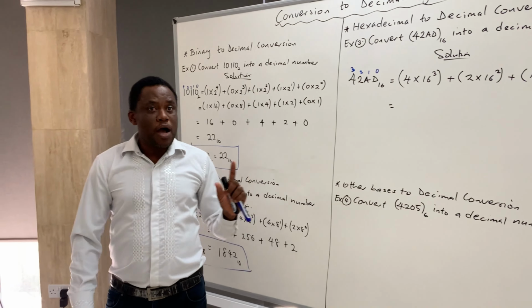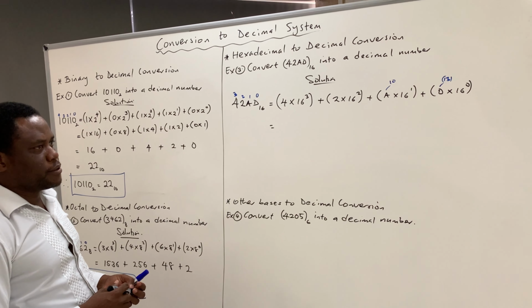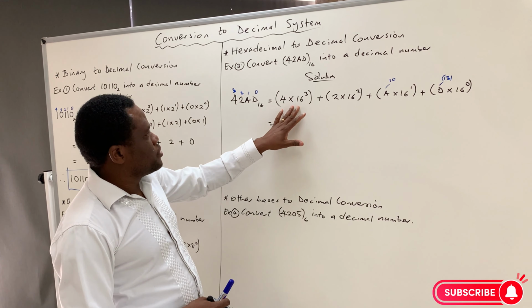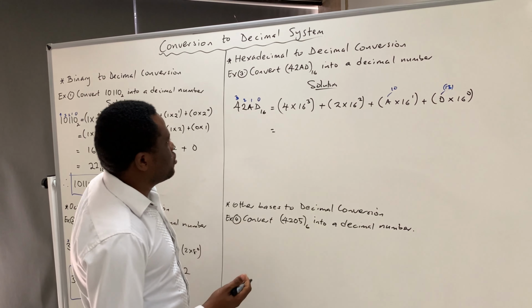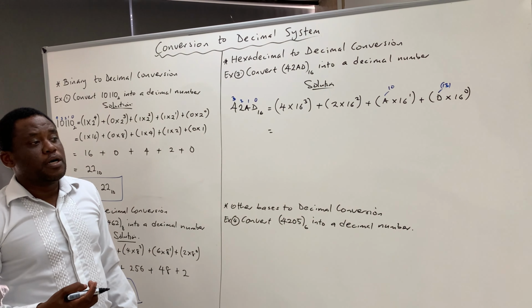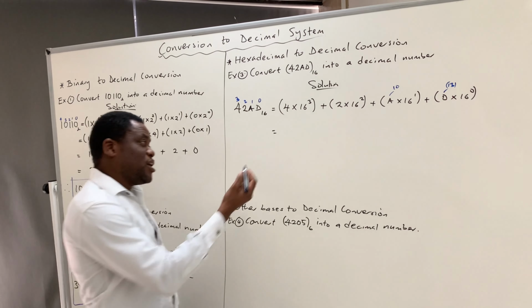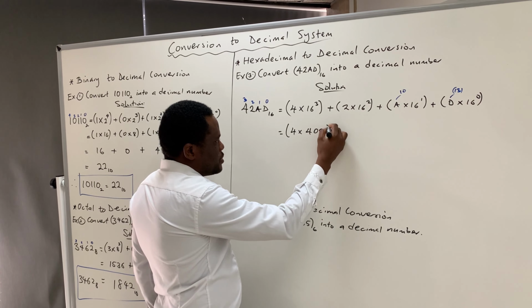So let's multiply. The first one is 16 to the power of 3. 16 times 16 times 16 is 4096.